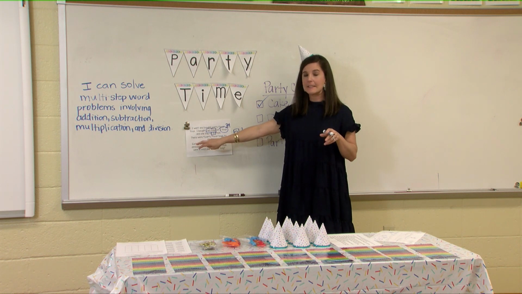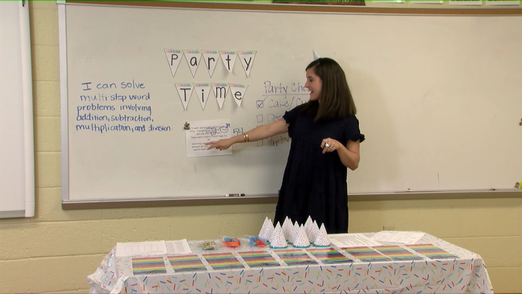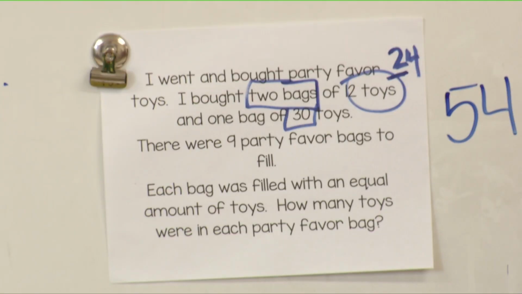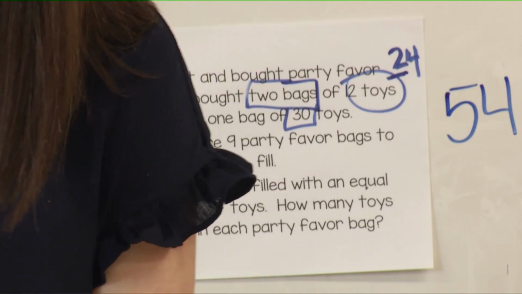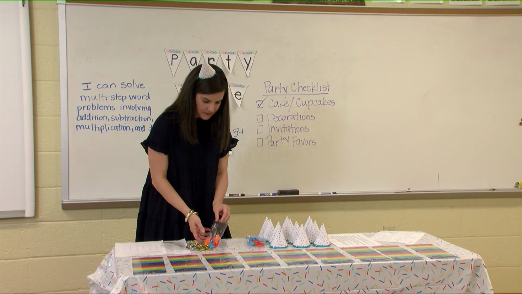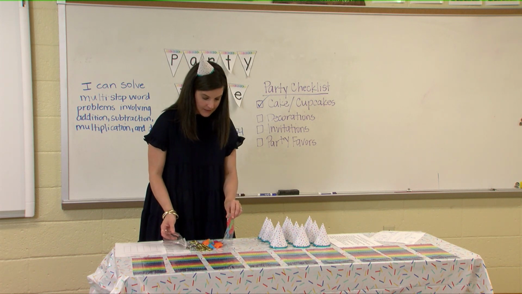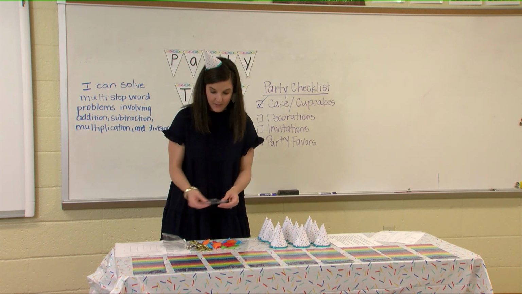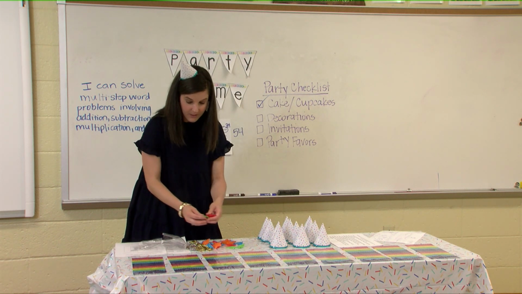Okay, now then it says that I have 9 party favor bags to fill. Okay, well, each bag's going to get an equal amount. Well, I'm going to take all 54 of my items, okay, and I'm going to split them equally onto the 9.